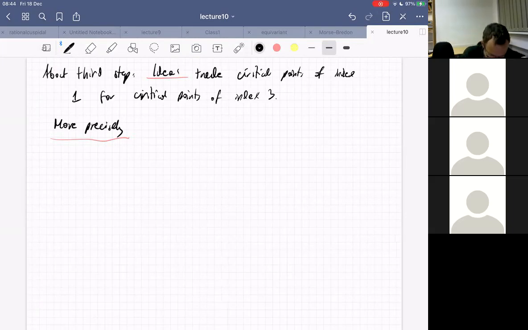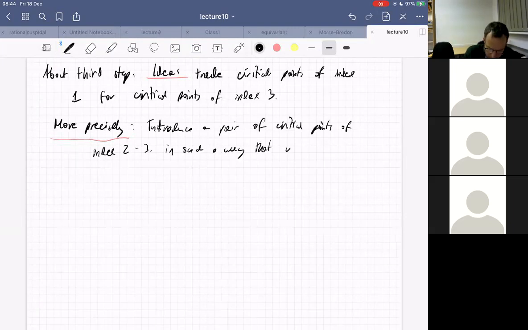So more precisely, first introduce a pair of critical points of index 2 and 3 in such a way that we can cancel the resulting pair of 1, 2 critical points.